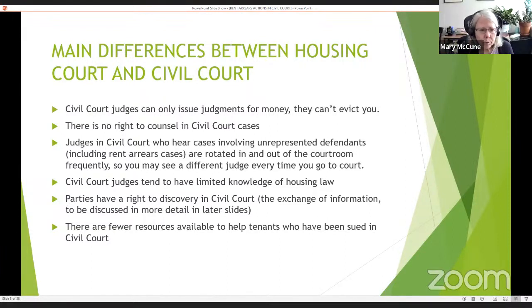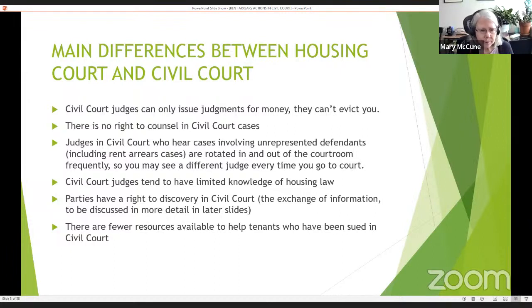Judges in civil court hear cases involving unrepresented defendants. Defendants are the people that are sued, as opposed to plaintiffs, who are the people that filed the court case to sue someone. There is a room in civil court where they put all the unrepresented defendants without attorneys, and the judges in that room tend to rotate in and out on an irregular basis.